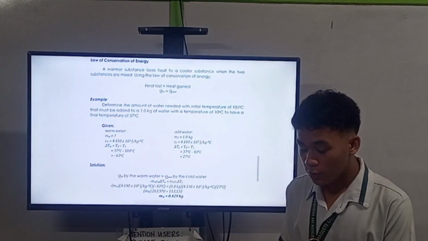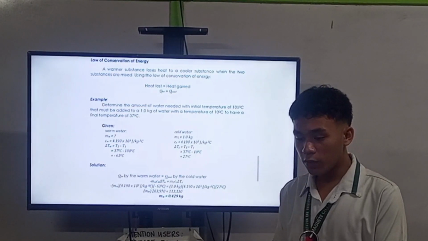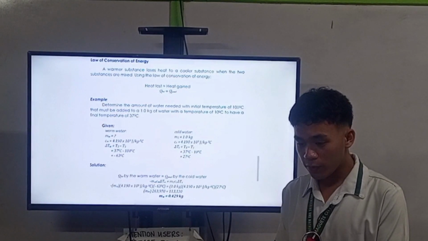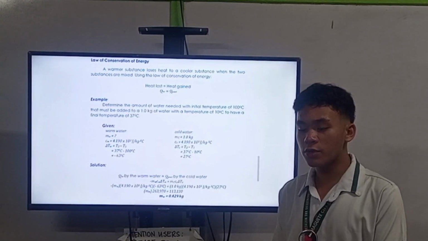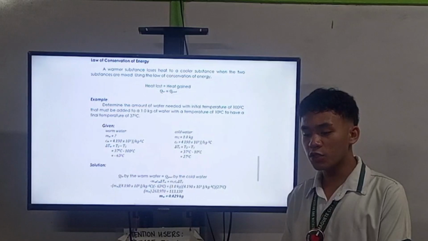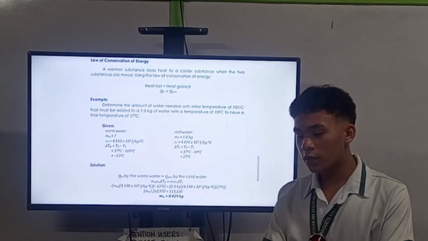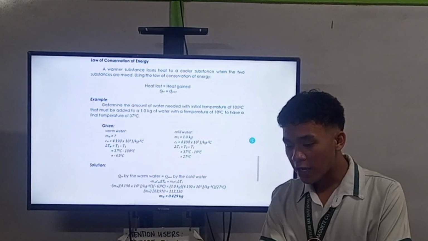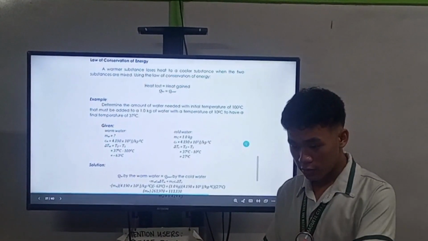So when calculated, it will become MW times 263,970 equals 113,130. So what happens next? As we can see, we can solve it when we transpose it.